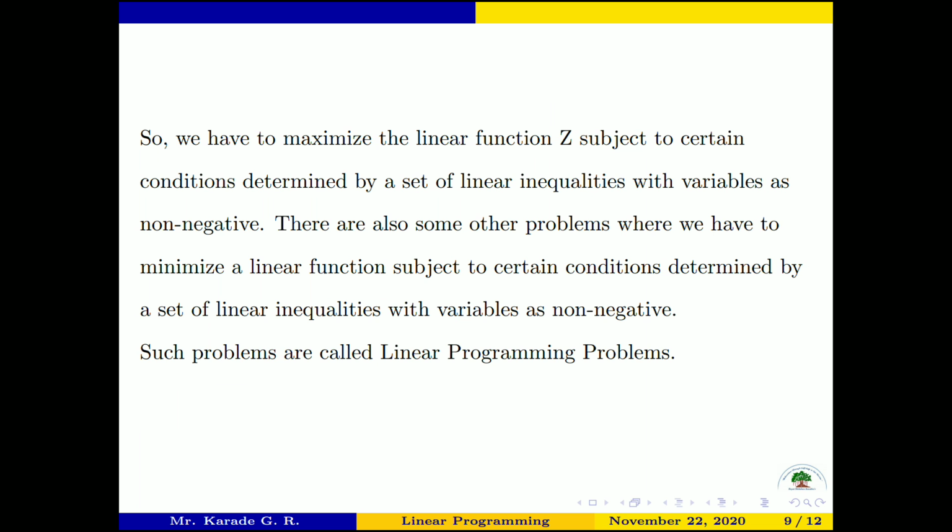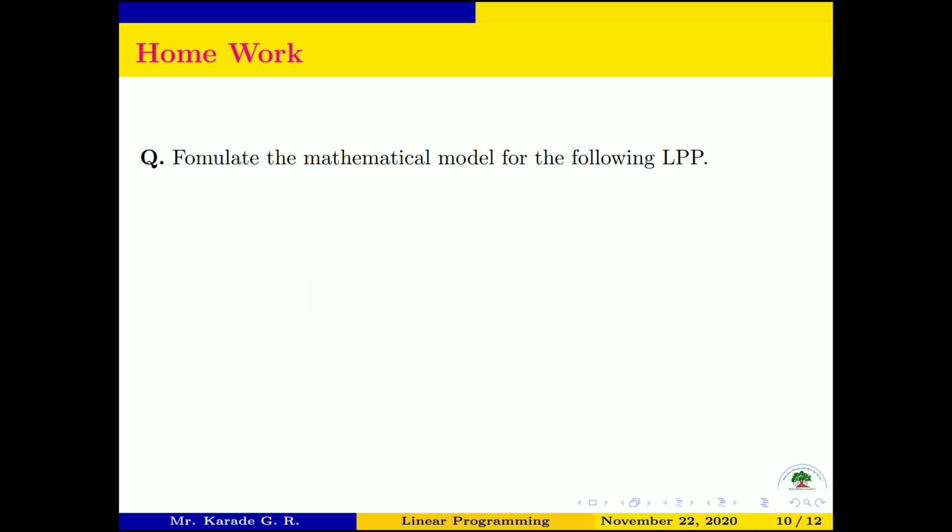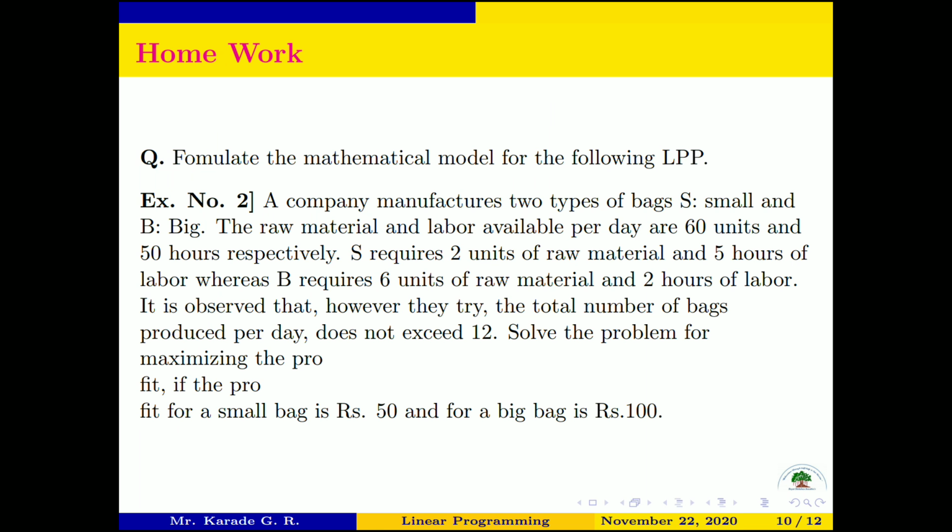Now let us take one homework for you. Formulate the mathematical model for the following linear programming problem. So for you, I have given one problem. At home, try to solve this problem. A company manufactures two types of bags, small and big. The raw material and labor available per day are 60 units and 50 hours respectively.